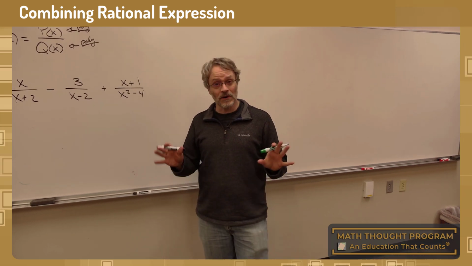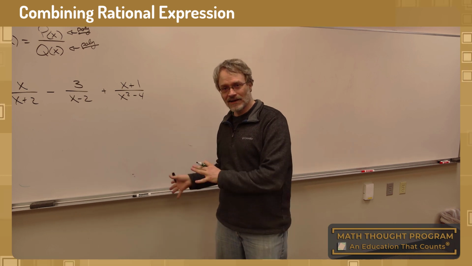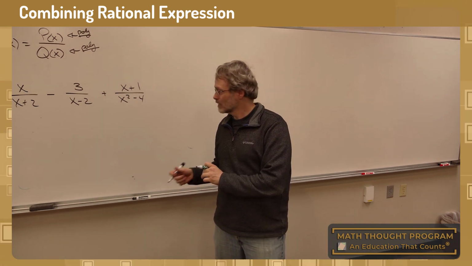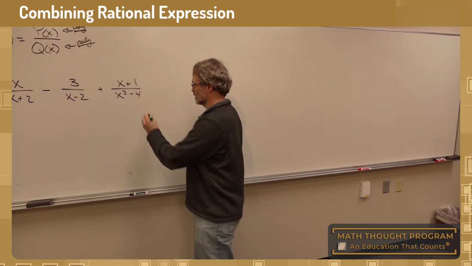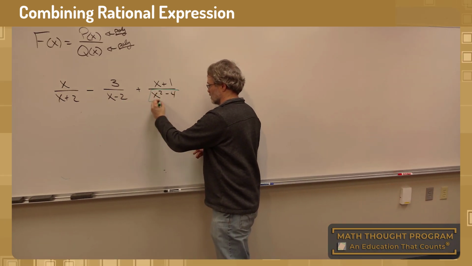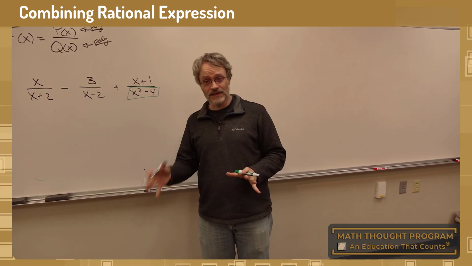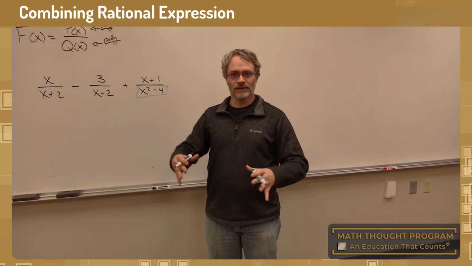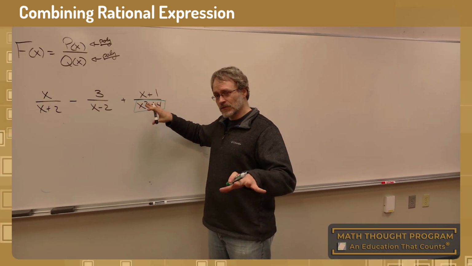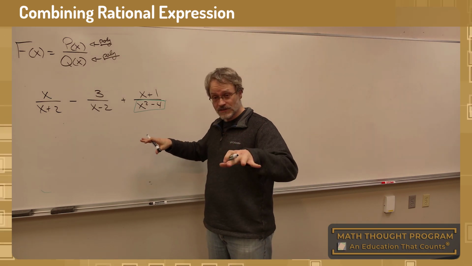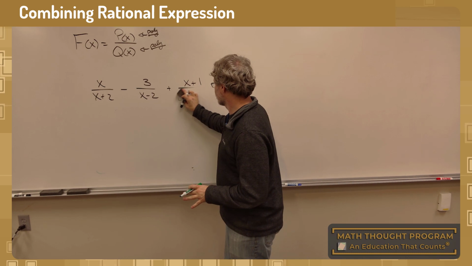So what I want to do is pause, stop, analyze it a little bit closer. And one thing that I do see here is, once again, I see this difference of squares identity coming in full display. So I want to take the x squared minus 4, and the first thing I want to do is just recalibrate.